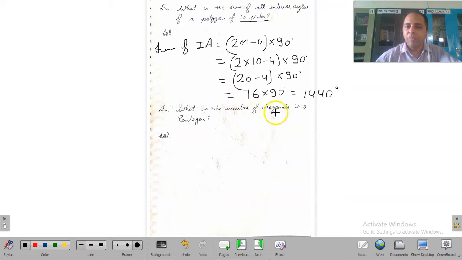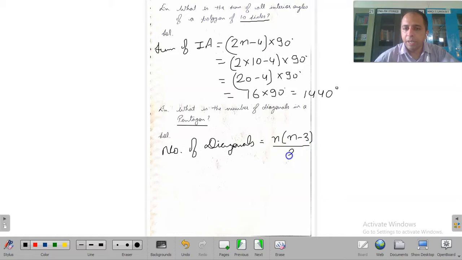What is the number of diagonals in a pentagon? Number of diagonals we have been asked. So what is the formula for the number of diagonals? It is n multiplied by n minus 3 divided by 2.